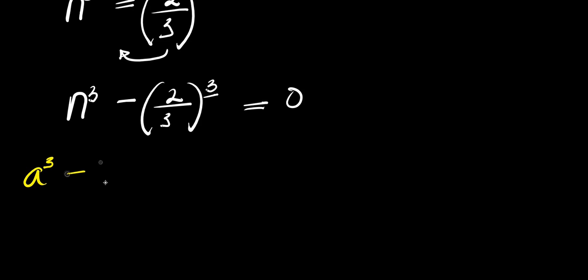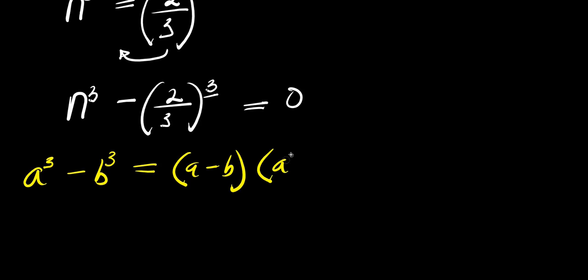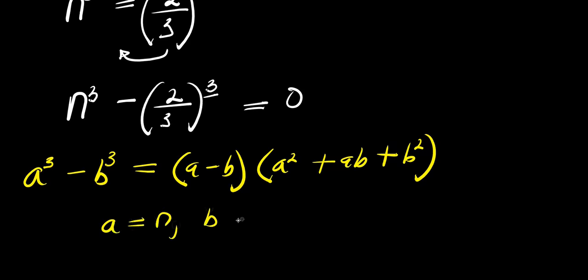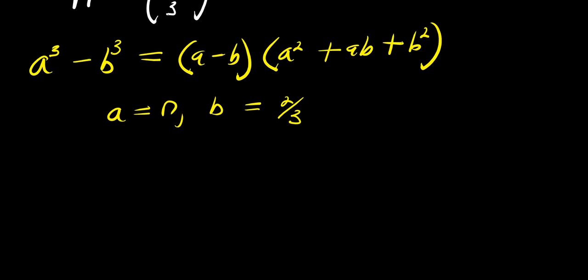a to the power of 3 minus b to the power of 3 equals a minus b times a squared plus ab plus b to the power of 2. And right here, a is n, while b is simply 2 divided by 3. So let's insert these for a and b.